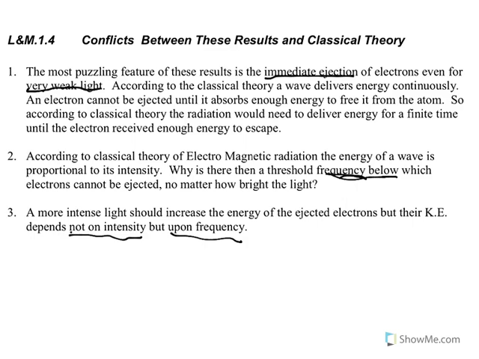There's one example, then some questions, and quite a few exam type questions at the end of this. To figure out how we can get our head around the conflicts between these results and the classical theory, you'll have to wait till the next lesson.